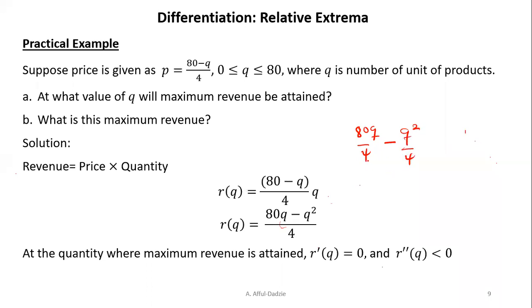Then you have 20Q, and the derivative of Q squared over 4 is 2Q over 4, and 2 over 4 goes to 1 over 2, so you have 1 over 2Q. So this is the first derivative, R prime of Q. Are we okay?